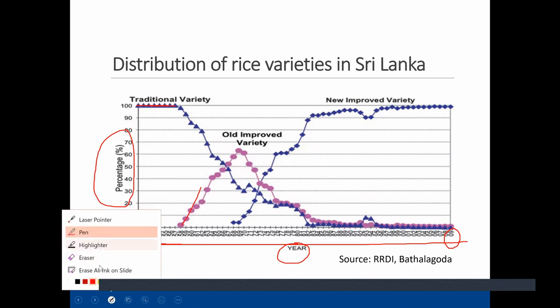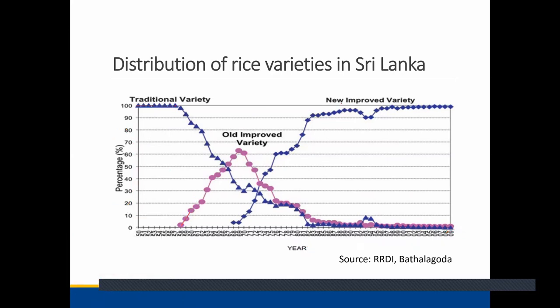What you should know is that because of this improvement, in the late 1960s or maybe early 1970s, the newly improved varieties started to develop. This extent is continuously increasing, and it's almost around 98%. Now we cultivate mostly newly improved varieties.